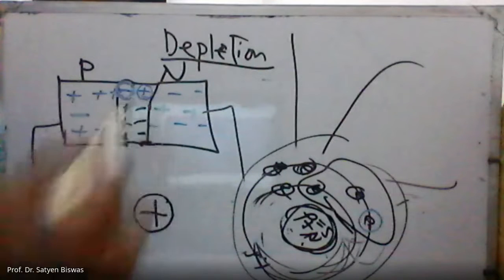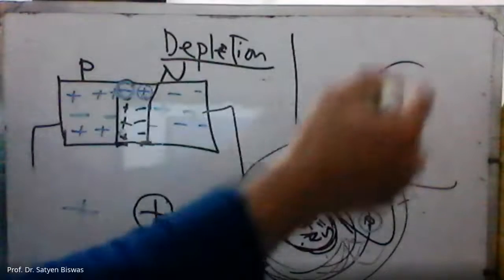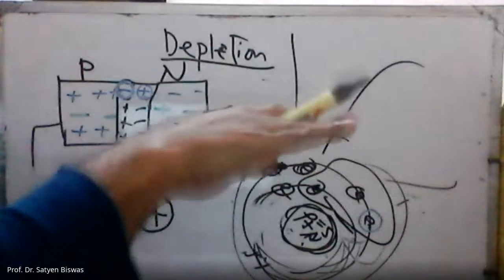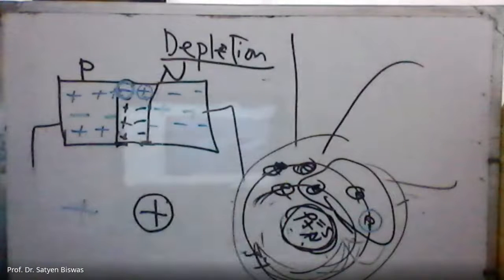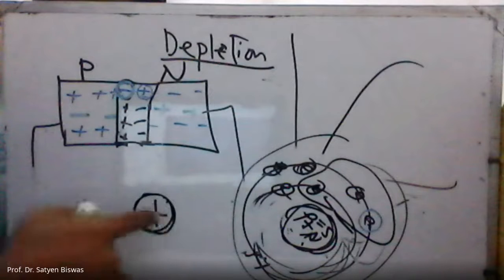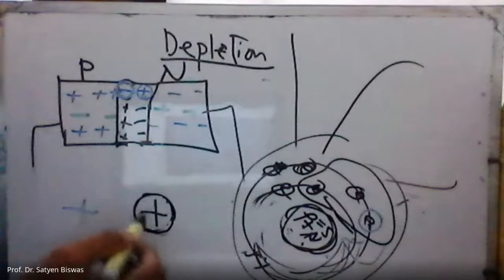It will turn into an ion and will be sitting at the bottom of the valence band. I have shown the band diagram: conduction band, Fermi level, and the valence band. It will sit at the bottom and cannot move. It needs more energy to move.